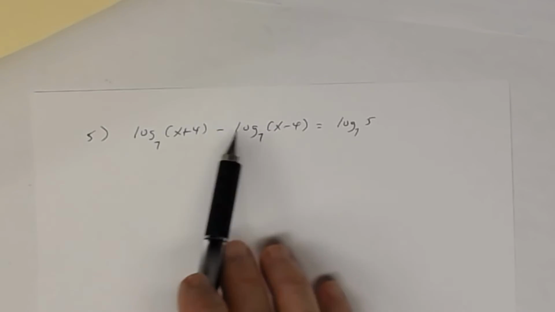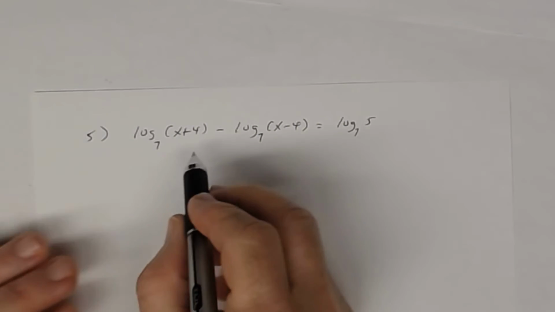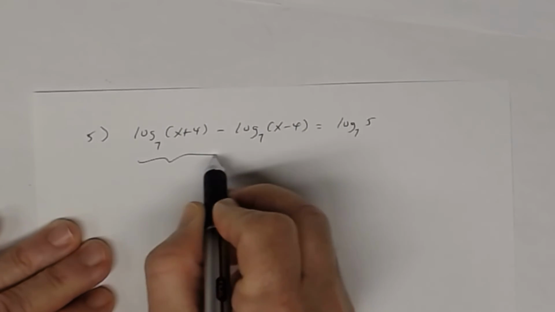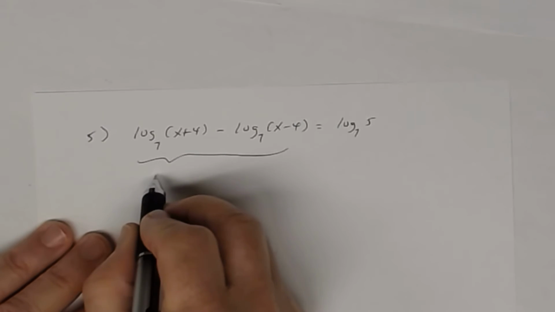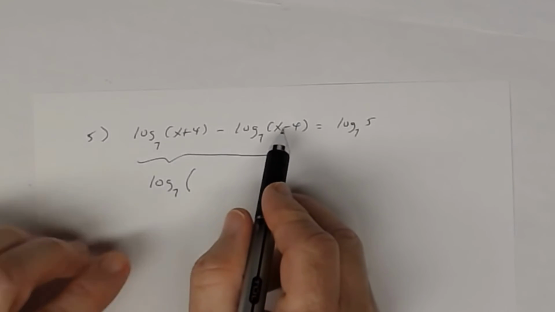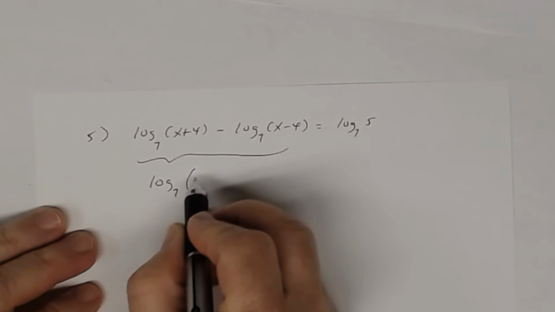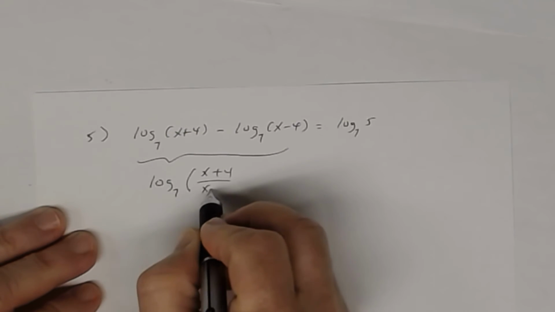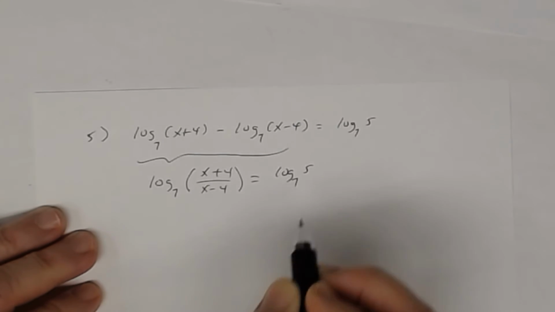See how you have 2 logs on one side? So that's subtraction, so we can use the quotient property, or the division property. So the base is the same, so I can say the log base 7 of the quotient, x plus 4 divided by x minus 4, equals the log of 5 base 7.